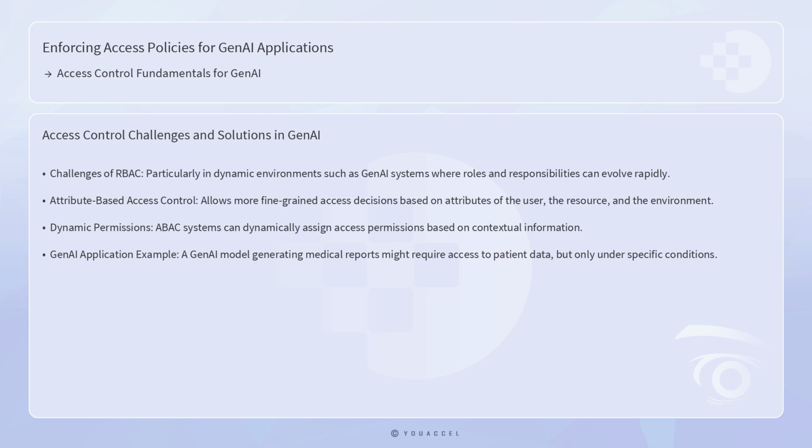ABAC systems can dynamically assign access permissions based on contextual information, thus offering a flexible and adaptive approach that aligns well with the dynamic nature of GenAI applications. For instance, a GenAI model generating medical reports might require access to patient data, but only under specific conditions such as during working hours and within a secure network environment.